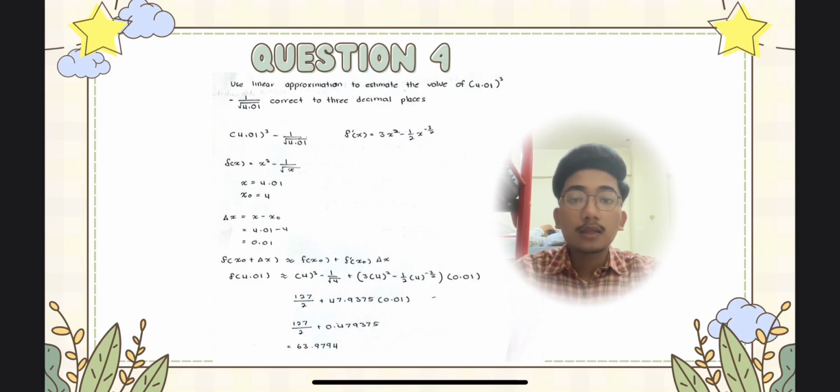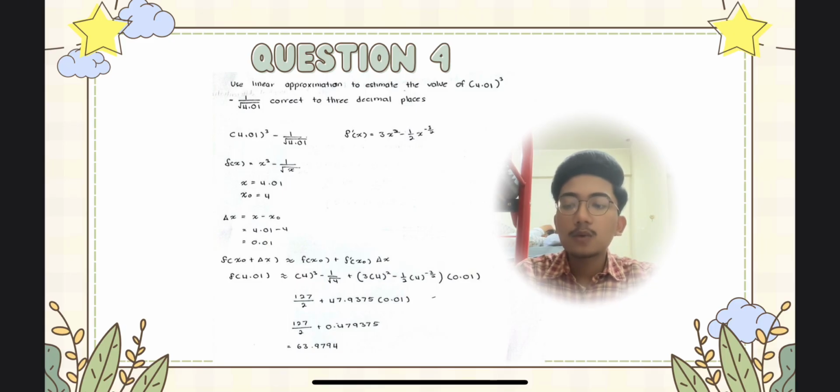Now calculate f prime(4). 3 times 4 squared is 48. 1 over 2 times 4 to the power of 3 over 2 is 1 over 16. So f prime of 4 is 48 plus 1 over 16, which is 48.0625.